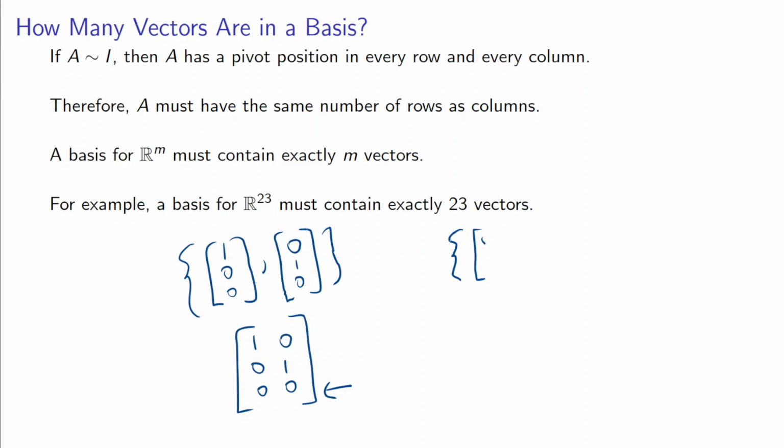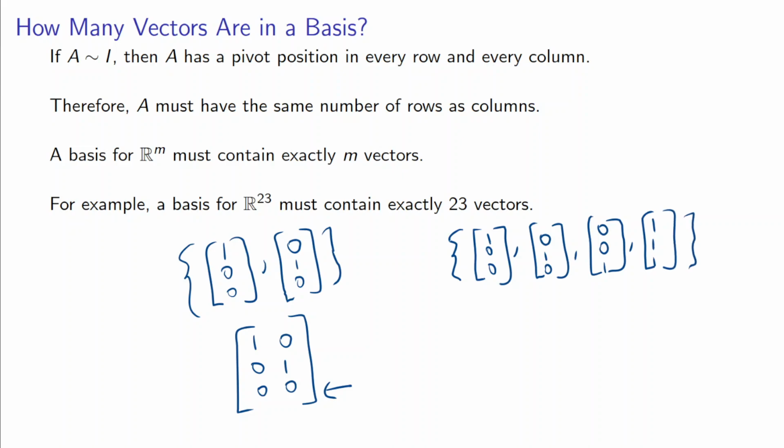If we looked at the set 1, 0, 0, 0, 1, 0, 0, 0, 1, 1, 1, 1, okay, then form that matrix. Now we don't have a pivot in every column, right?